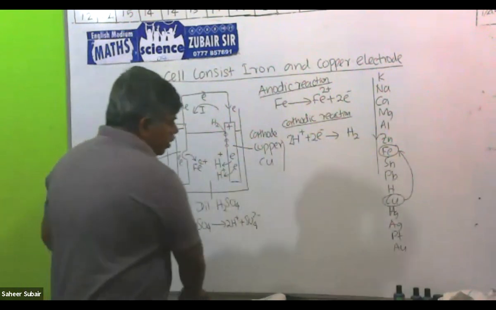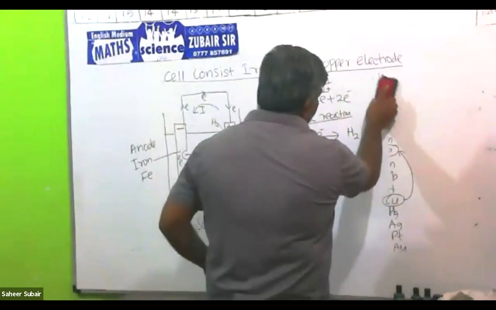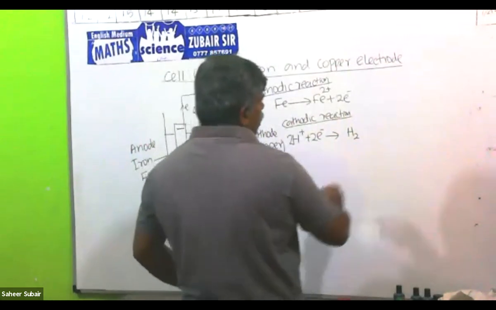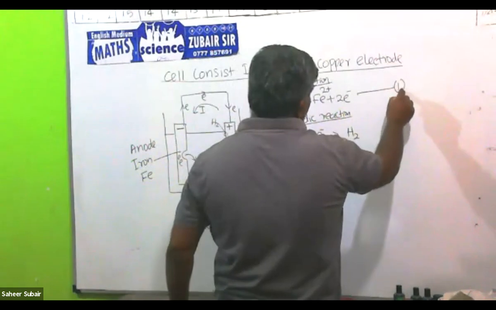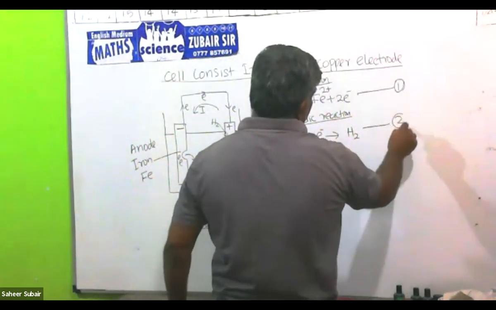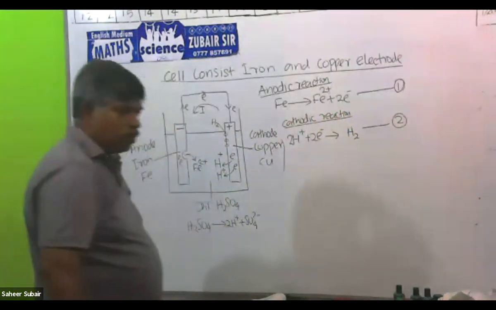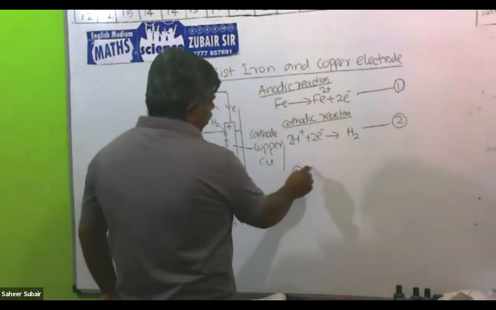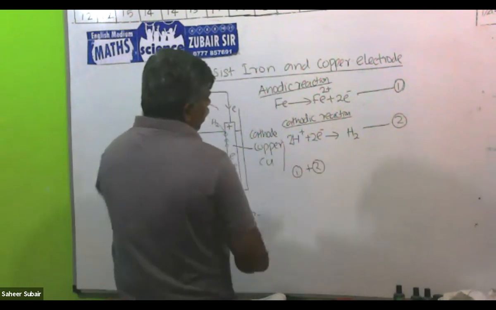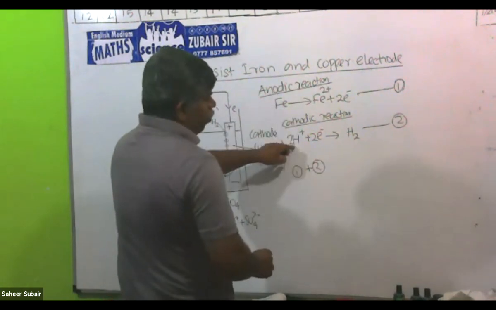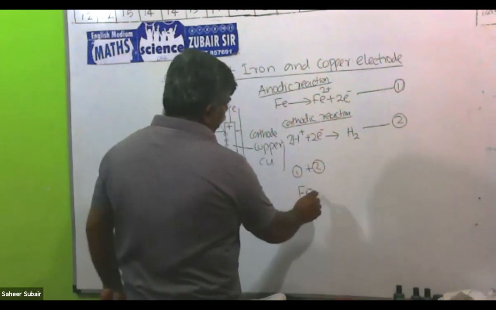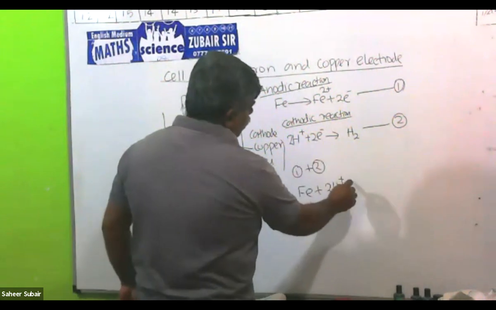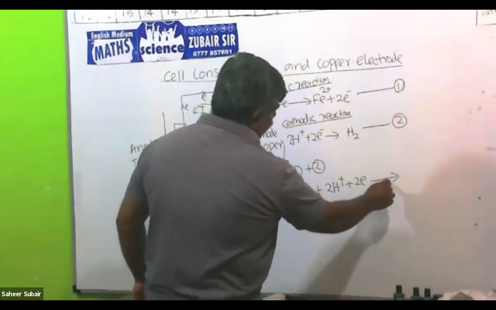So these are considered as the half chemical reactions. This is the first half chemical reaction. This is the second half chemical reaction. When you add these two halves, we get the full reaction, 1 plus 2. When you add these two, Fe plus 2H+ on the left side. Then here 2 electrons are there that get cancelled, so no need to write.